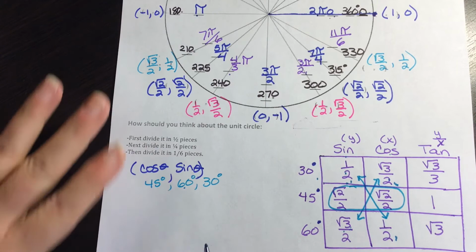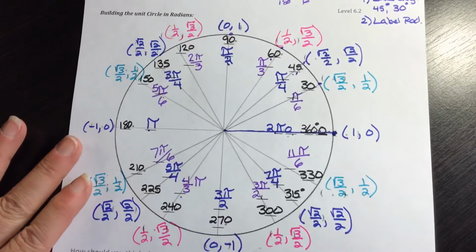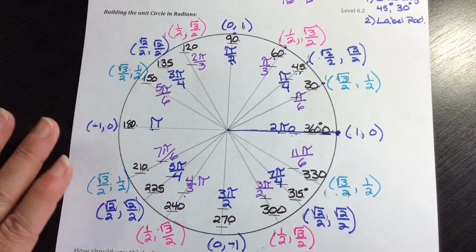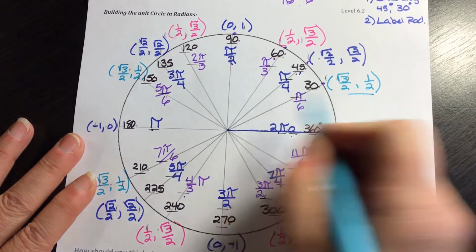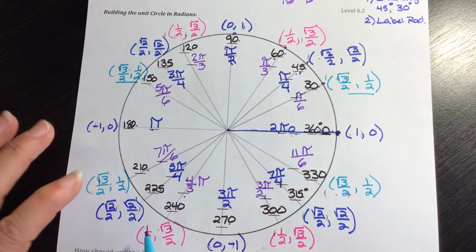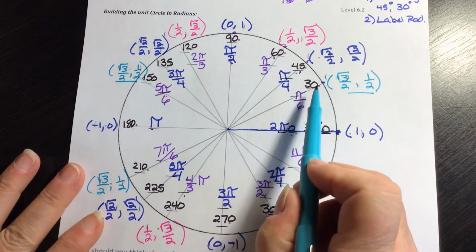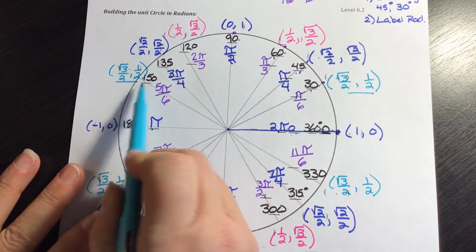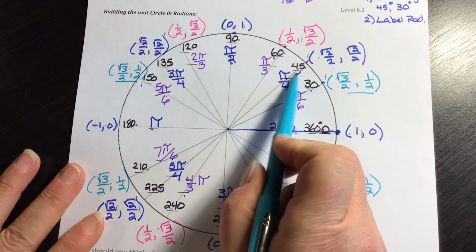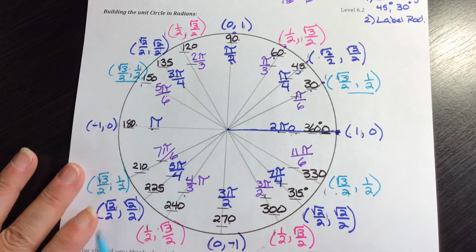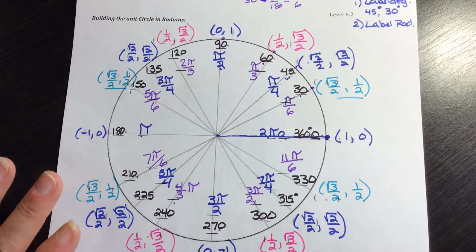Then I mentioned before that all the angles that are multiples of 45 degrees have the same coordinates and the signs would be different.